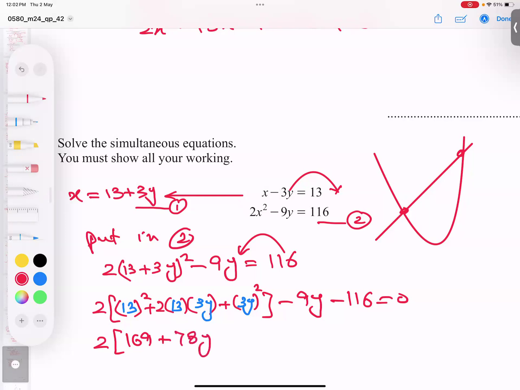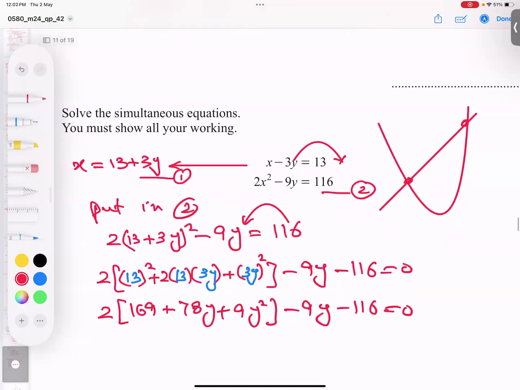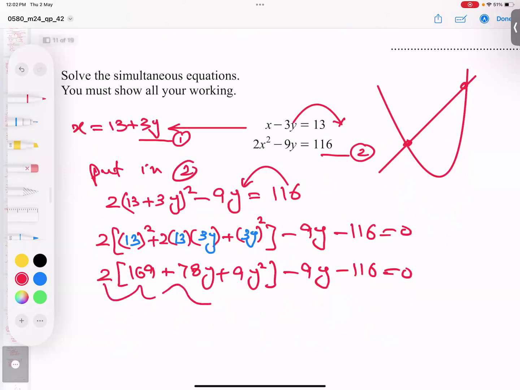Square of 3, square of 3, I get 9y squared minus 9y minus 116. Okay, now 2 will multiply each number inside. So 169 into 2, I got 338. 78 into 2 gives you 156. And 2 nines are 18y squared.